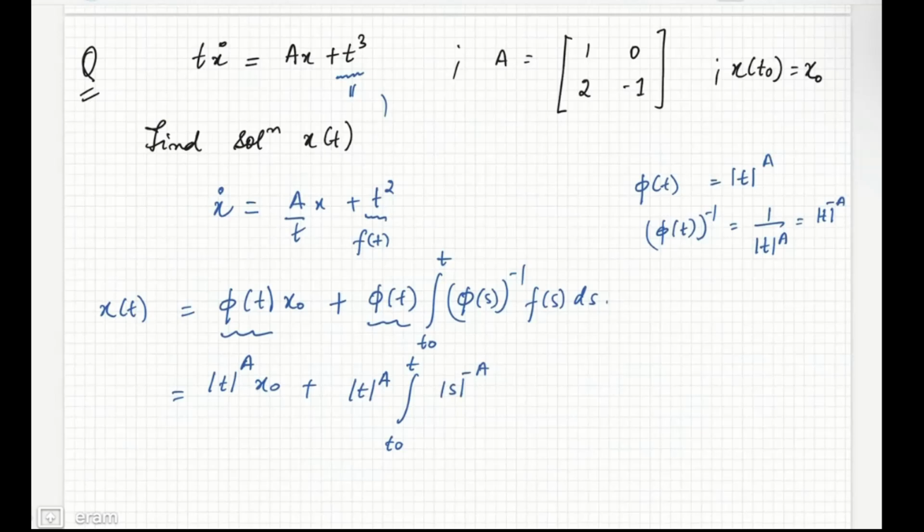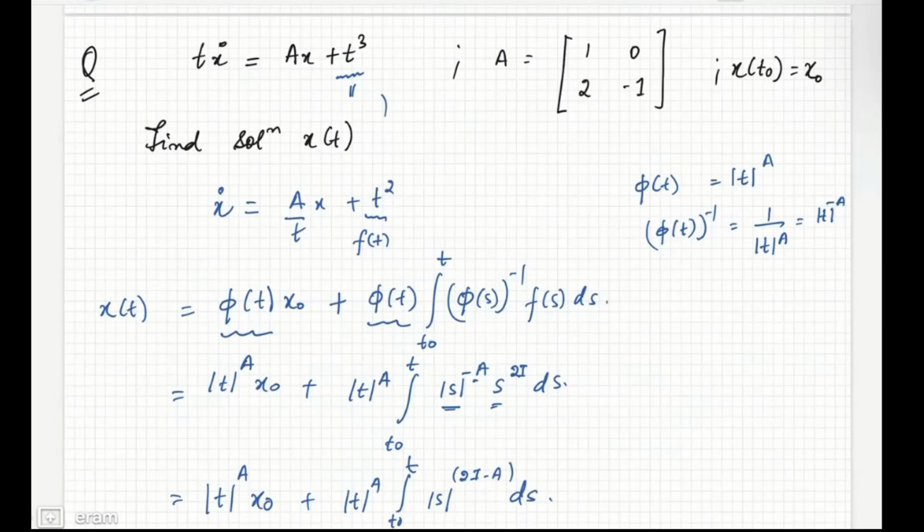And what is fs? Fs is s square into ds. So this solution can be written as x naught plus t^a integrated from t naught to t. Since we have to multiply these two, so it will be 2I, because here it is a matrix, so it is s to the power 2I minus a into ds.